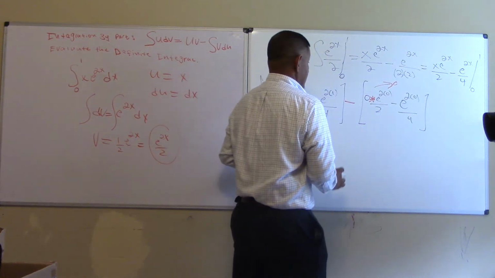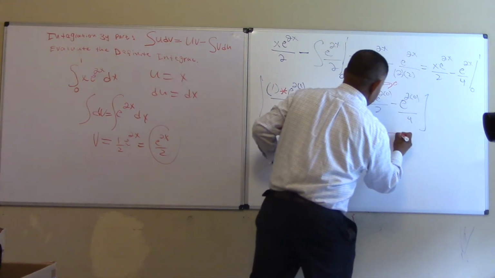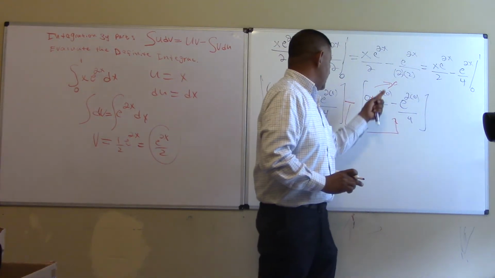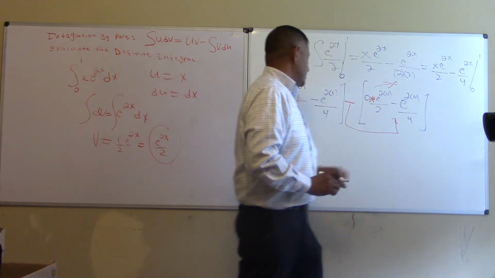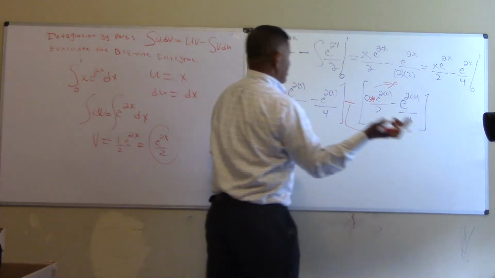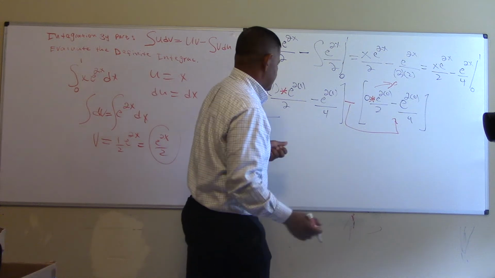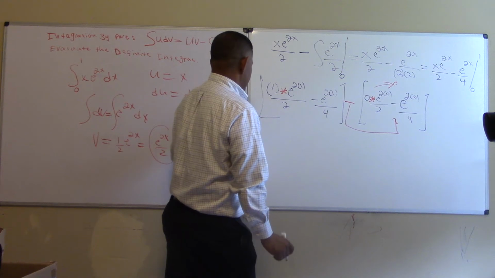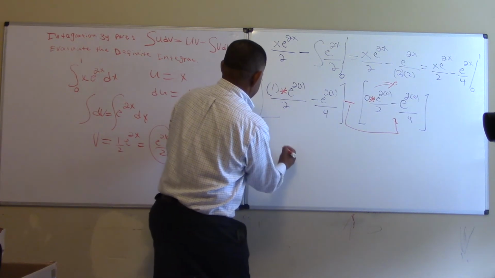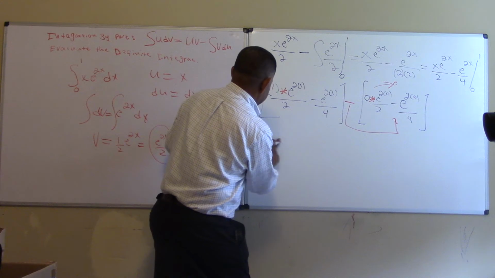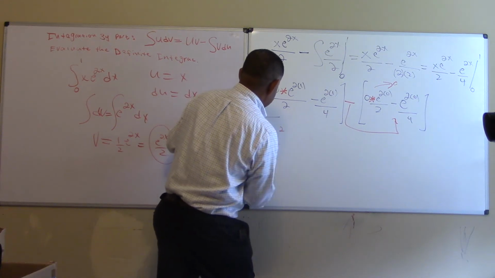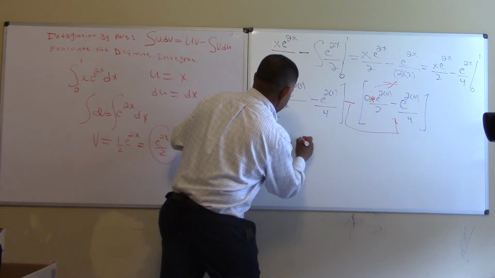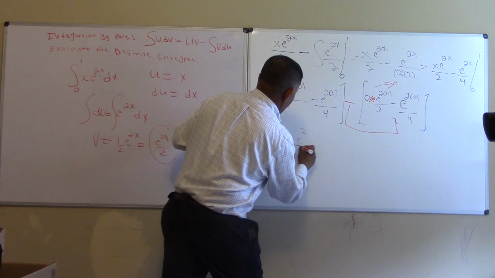This piece, when I distribute that sign into that piece right there, becomes positive. If I change this sign and multiply, this becomes positive, and that becomes a negative, but it doesn't really matter because negative 0 is 0 anyway. So we don't even have to write that down. Here I get e to the second power over 2 minus e to the second power over 4.